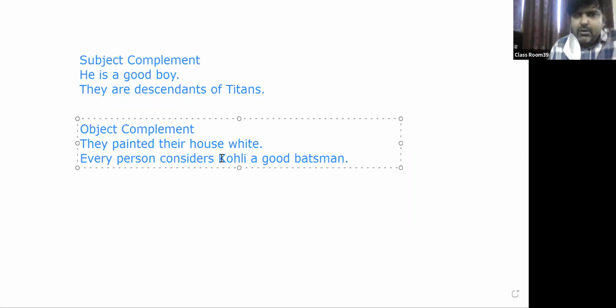So here, Kohli is the object. Considers is the verb. And a good batsman characterizes Kohli. It doesn't characterize every person. So here, a good batsman is an object complement. These are the examples we have.